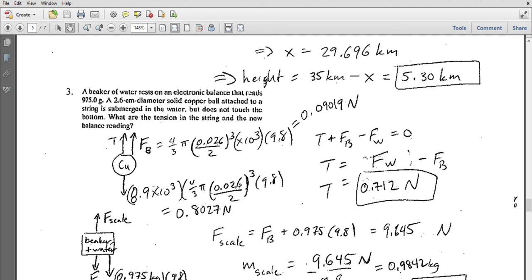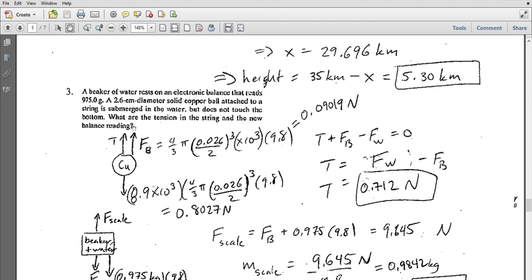So this is the diameter of the ball divided by 2. That's the radius cubed. That would be the mass of the copper times little g gives me the weight of the copper. So that's whatever that number is, 0.8027 newtons. That's this force going down.